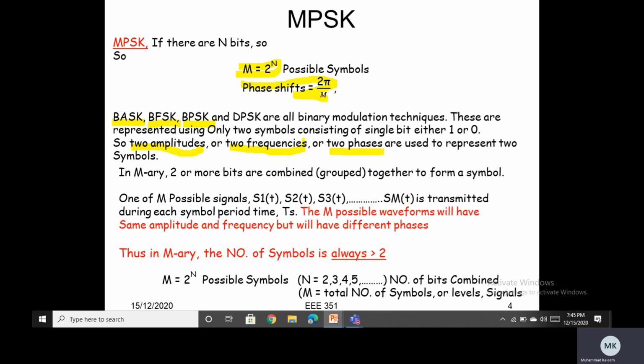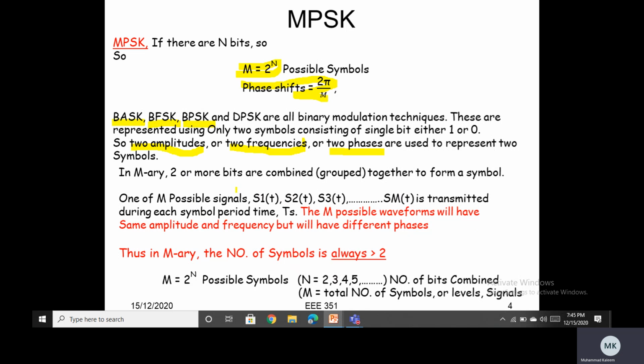But in contrast, in M-ary, two or more bits are combined or grouped together to form a symbol. A symbol can be called a waveform, or a pulse as well.